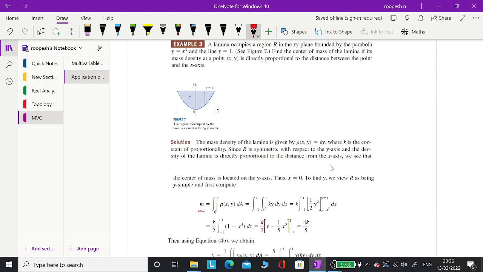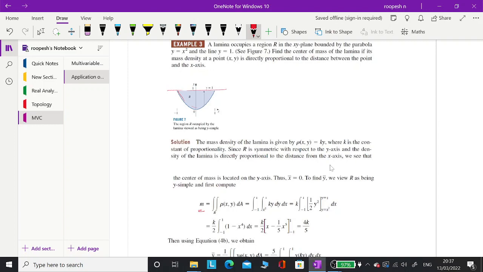Here is the problem given. A lamina occupies a region R in the xy plane bounded by the parabola y equal to x square, and the line y equal to 1. So y equal to 1 means this line, right?